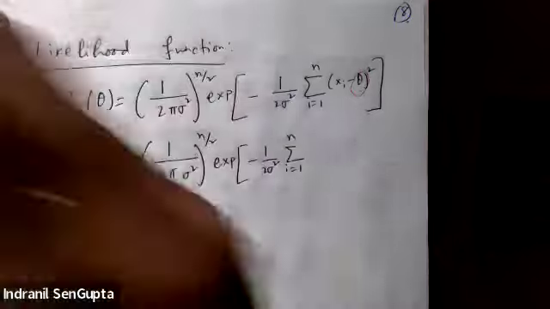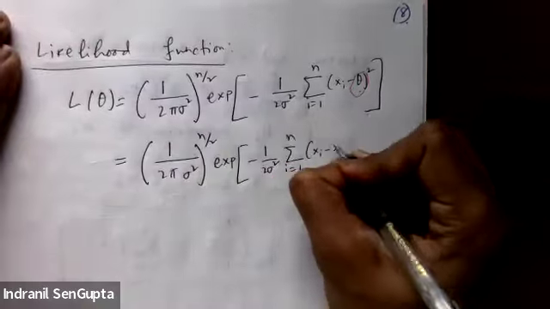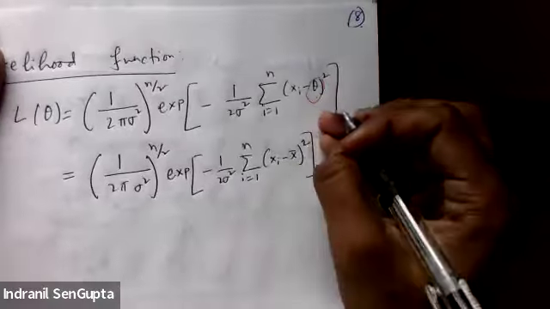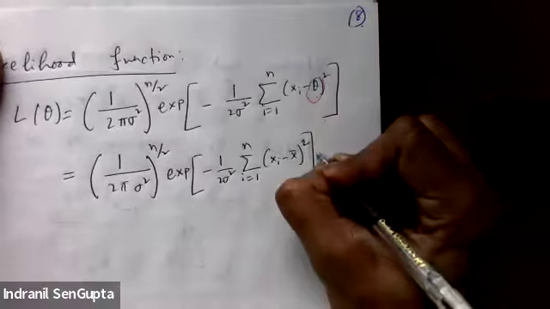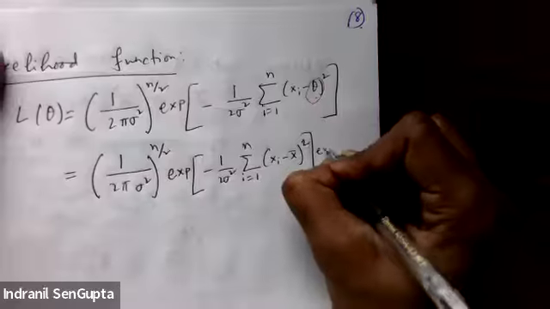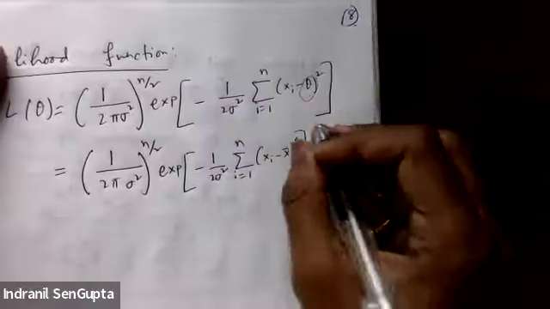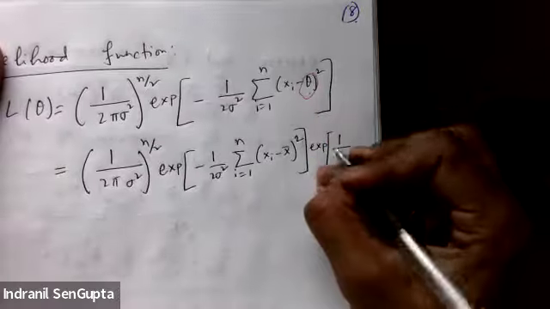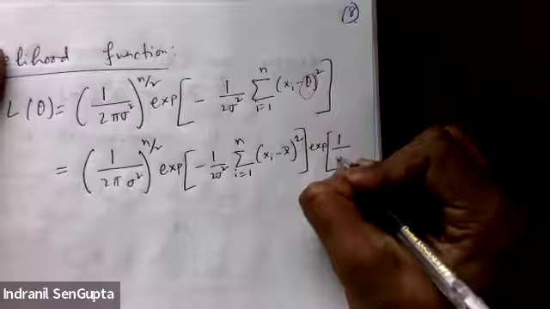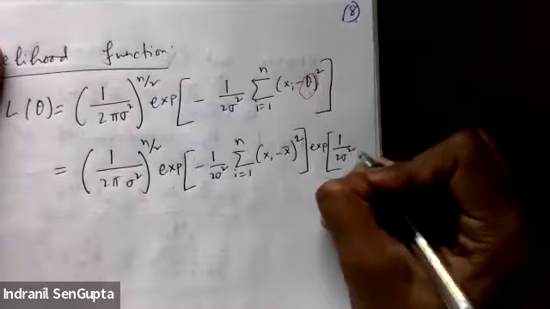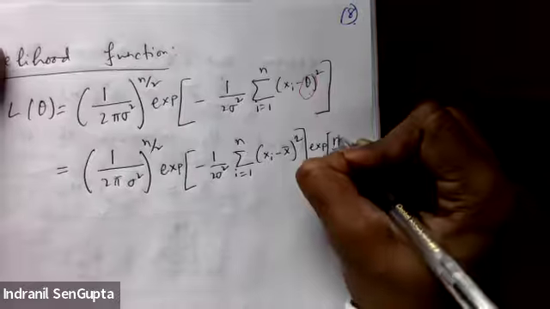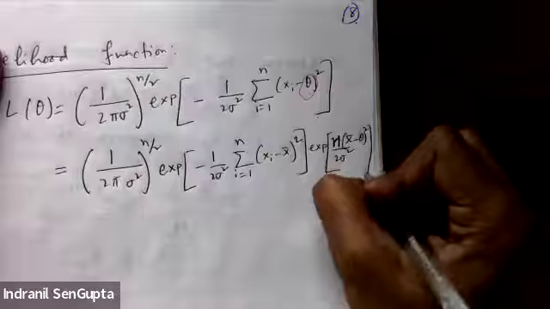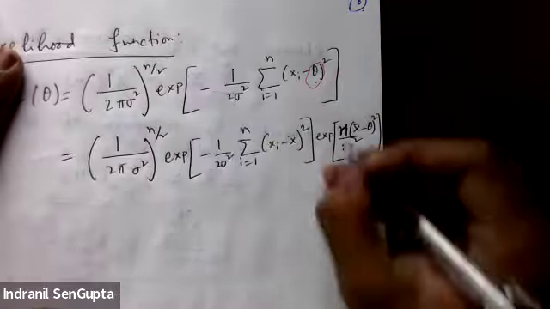So let's write this in terms of x bar: (xi minus x bar) squared, and then e to the power of, I'll compensate that by 1 over 2 sigma squared, and then n times (x bar minus theta) squared. You can check, it's basically the same expression.